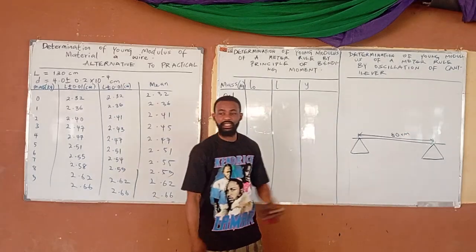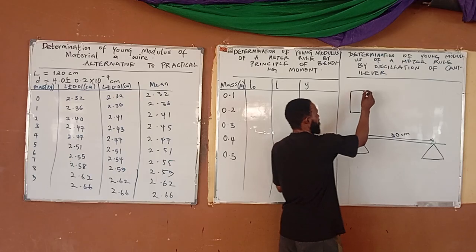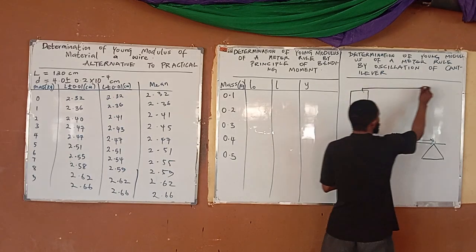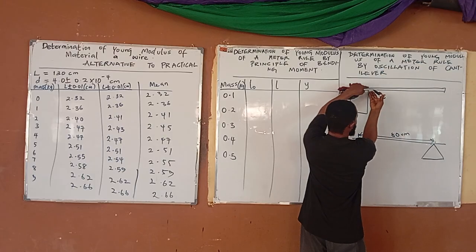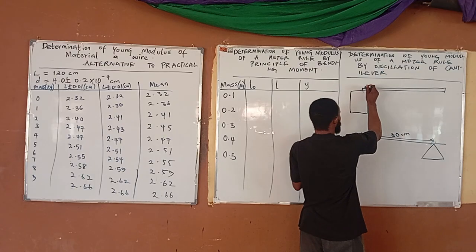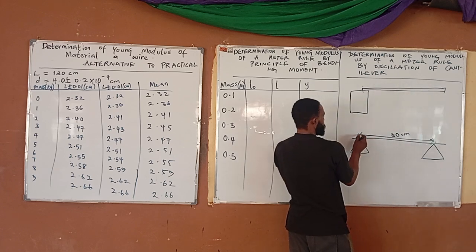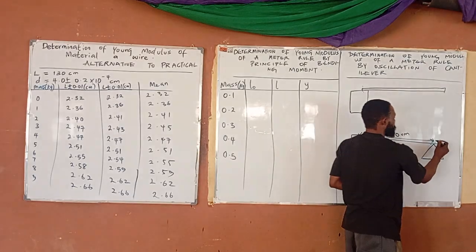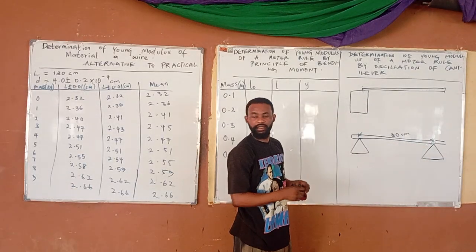Another way to do this practical is if I come to my table, I place my meter rule, use a G clamp to hold the meter rule firmly to this table. Hold it firmly. So I will check that if this is 100 cm, and this is 80 cm, that means this part should be 90. Because a meter rule is 100 centimeters, just to remember.